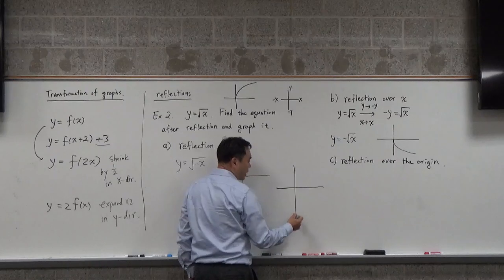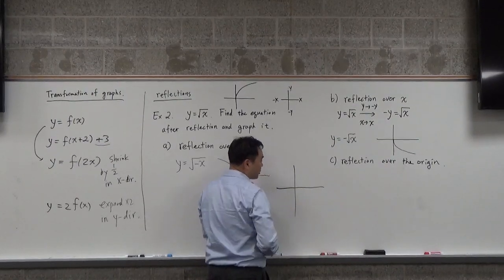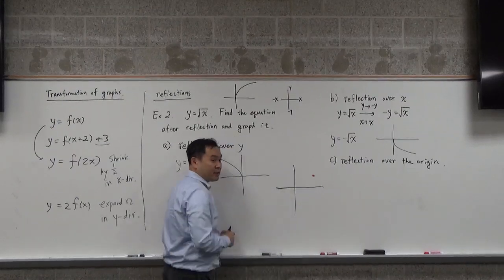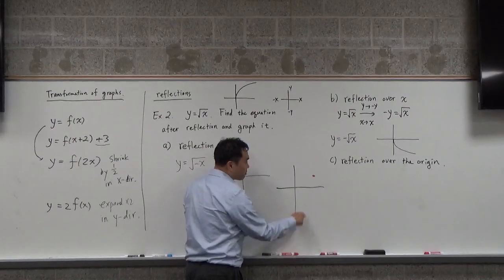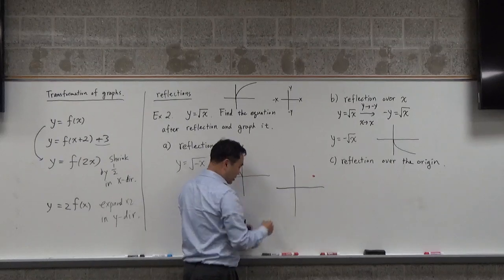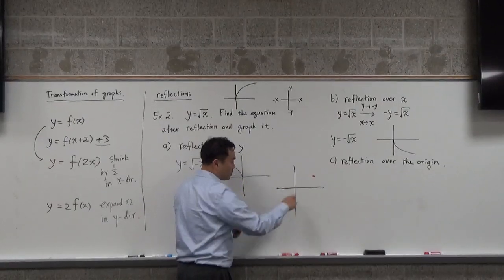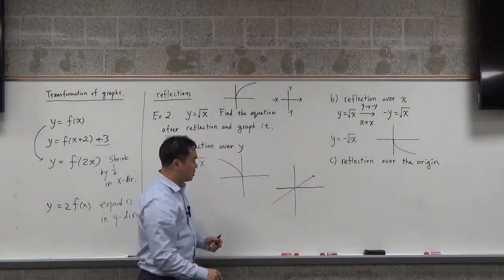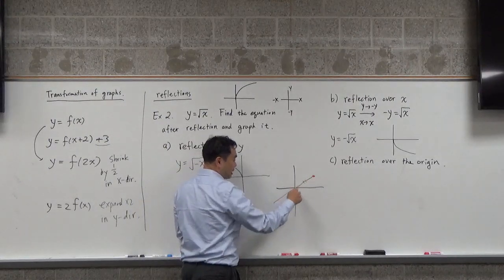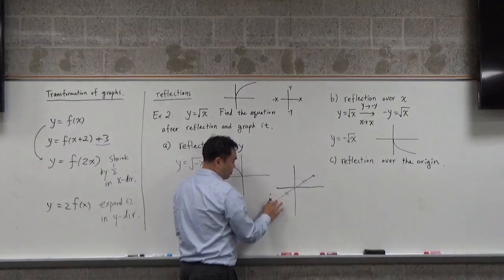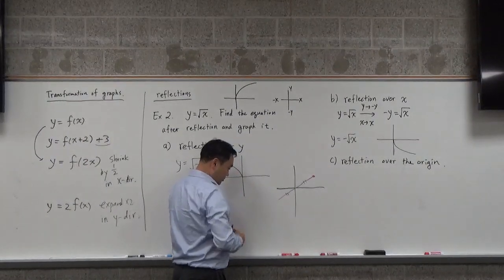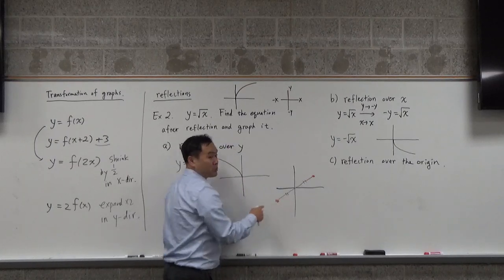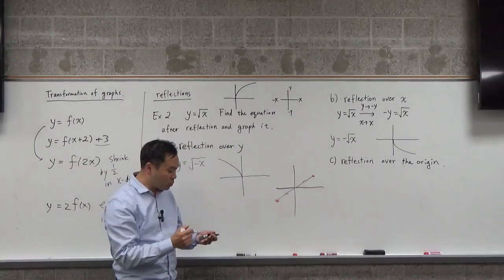If you have any point on the plane, the reflection over the origin of this point is like you have to draw a straight line to the origin and take the same distance, and then this point now will be the reflection of this point over the origin. Okay? That's how you do point reflection.